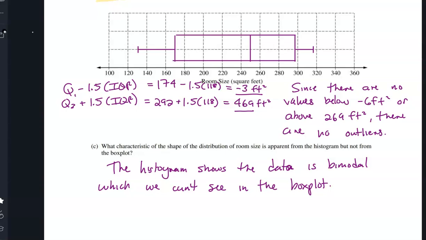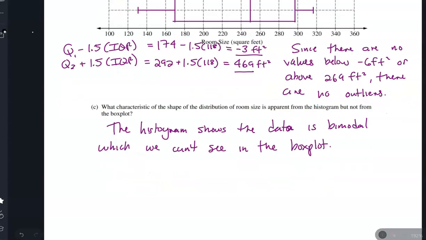So that's one advantage of histograms over box plots. And the fact that it's bimodal probably makes sense because it's probably two different types of rooms, like a single room or a double room, something like that.